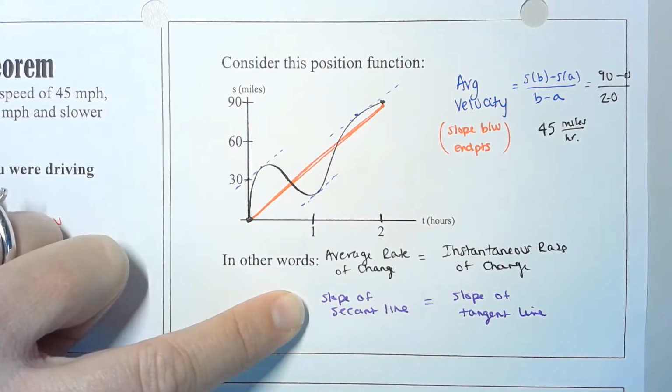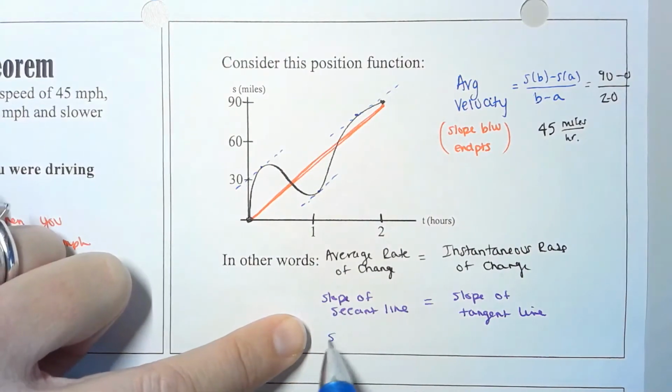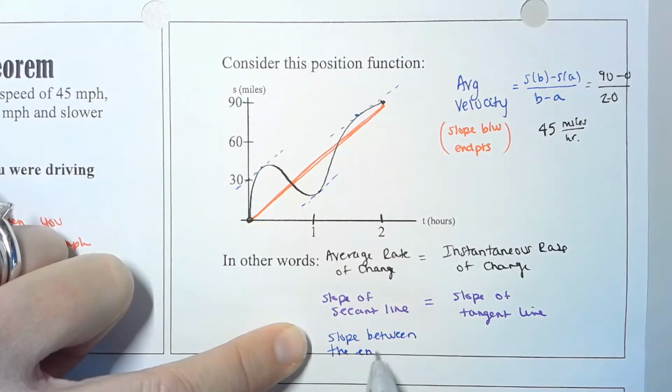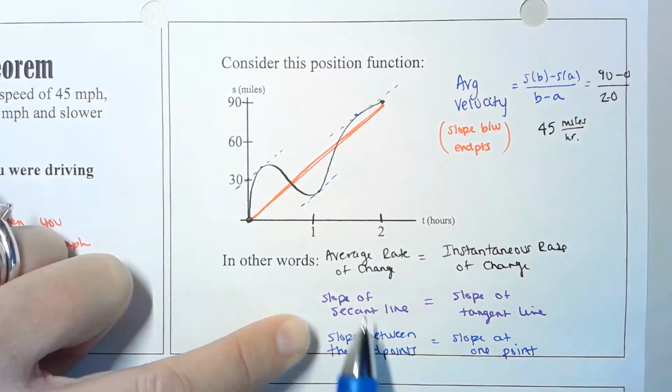We could also say, the slope between the endpoints equals the slope at a single point or at one point.